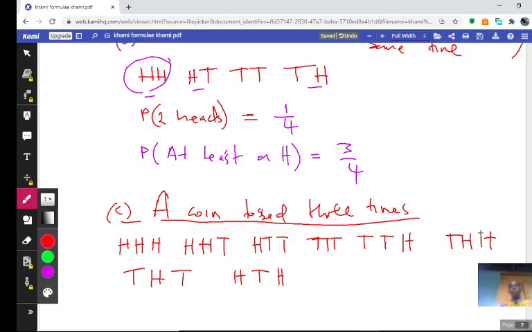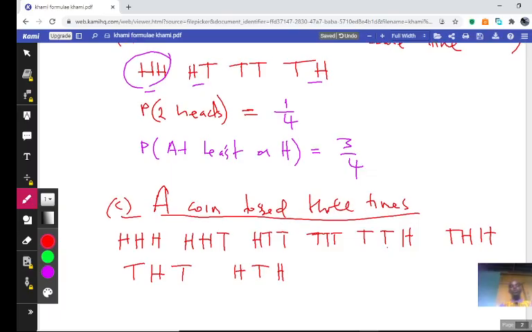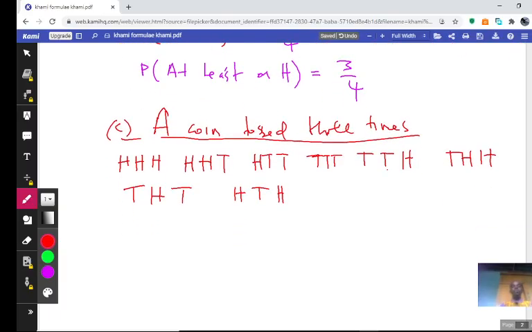So these are the possible outcomes. How many outcomes do we have? 1, 2, 3, 4, 5, 6, 7, 8. So there are 8 possible outcomes altogether if a coin has been tossed 3 times or 3 coins have been tossed at the same time.